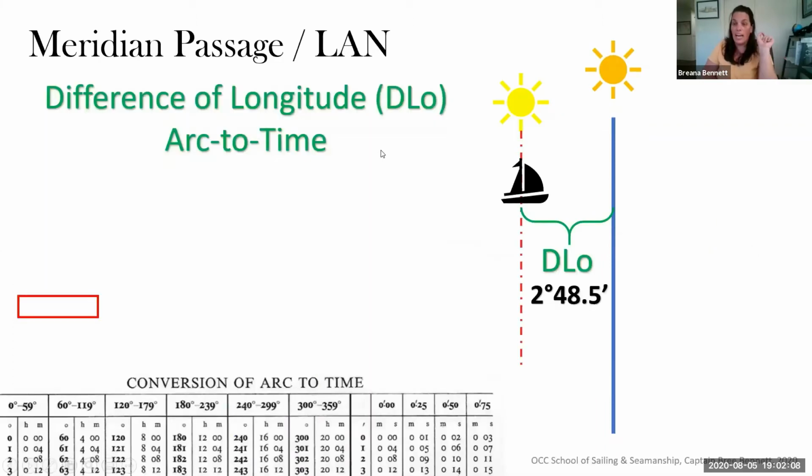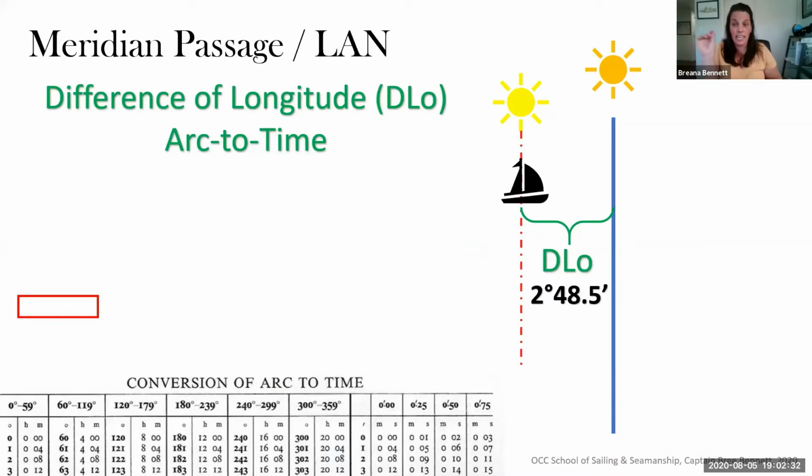So how we calculate this time difference is DLO, which means difference of longitude. So that's the difference between two longitudes. You could have a DLO of your departure and arrival points. It's used in a lot of different calculations.